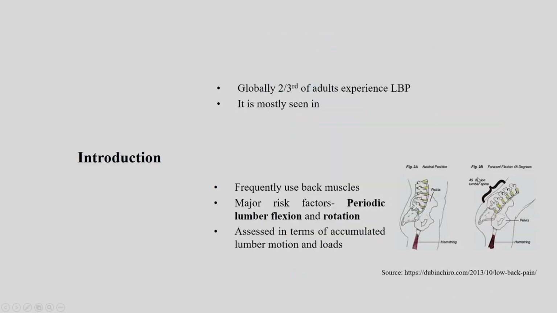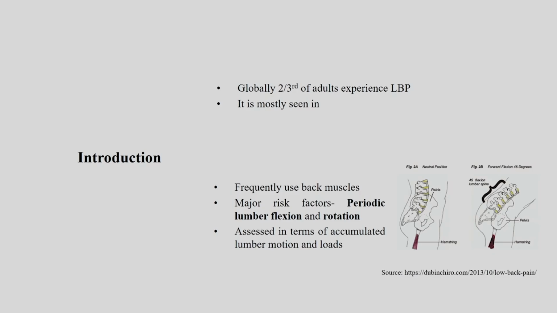So, why do we need all this? The data says maybe two-thirds of adults in the whole population experience low back pain, and it is seen that in most occupations, bank workers, health care workers, persons working in the laboratory, people of the IT sector, banking sector, most of them are having low back pain.